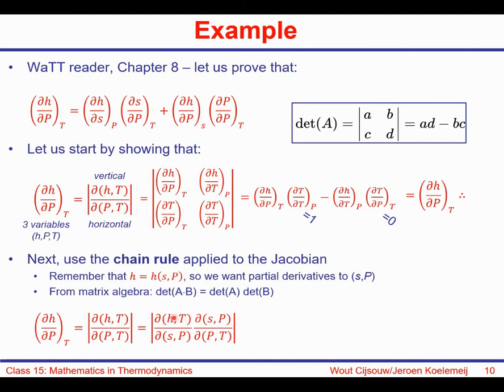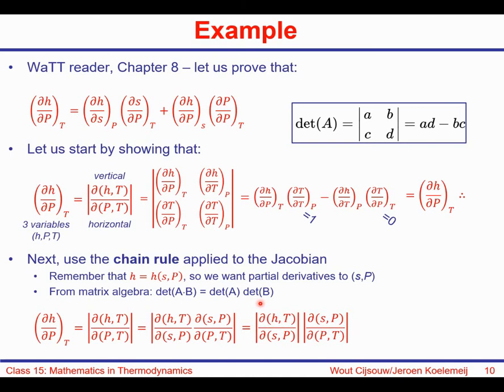And what is shown here is actually a matrix product, because this one is a Jacobian matrix. This is another Jacobian matrix that we could build up along the same lines as we have done here. And we know from matrix algebra that the determinant of a matrix product is the same as the product of the two determinants.